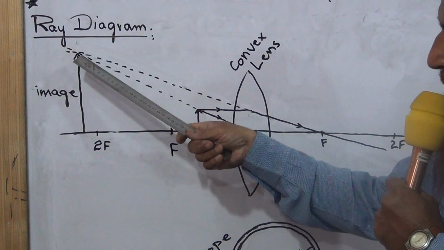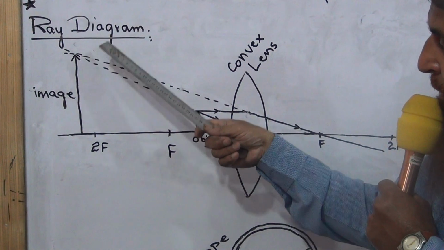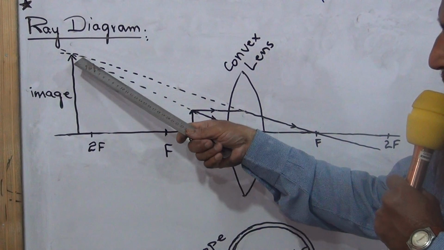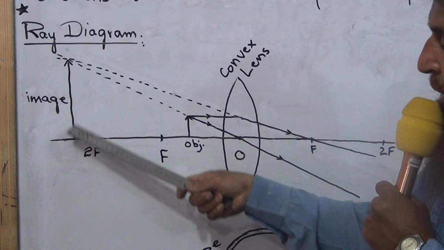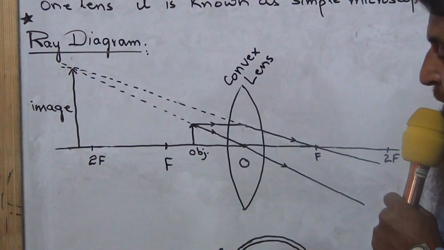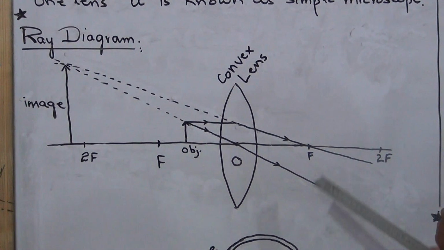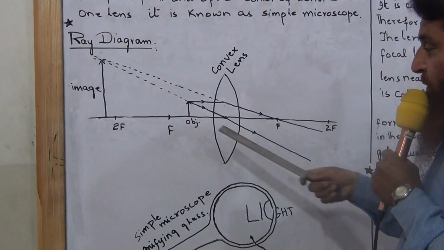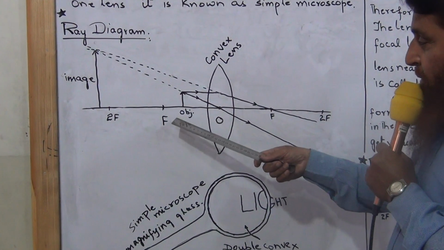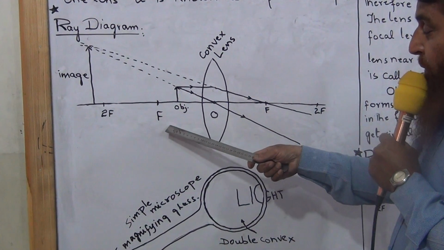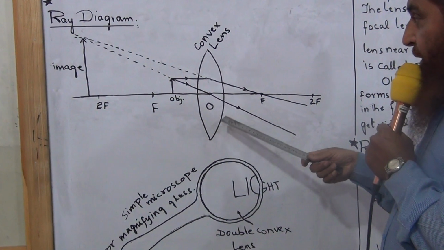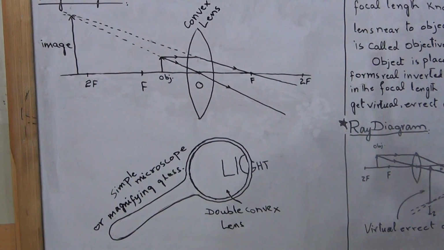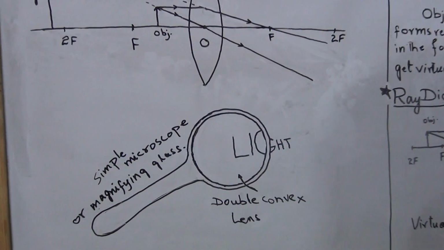Both the rays intersect each other and the image is formed. The image is virtual, erect and magnified. So we get the virtual image when we place the object between the focal point and optical center of the convex lens.